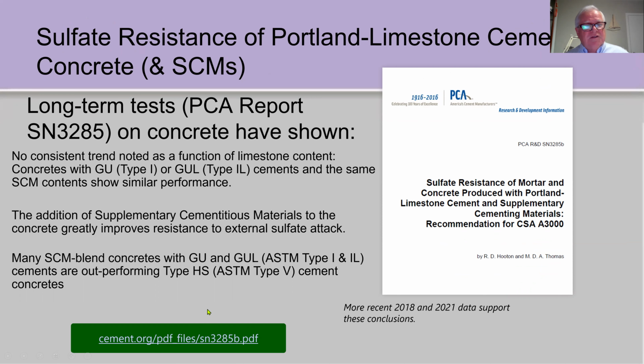What we found was there's no negative effect of limestone on sulfate resistance when you make sulfate resistant systems. So if you use fly ash or slag to get there, there's no difference in the way the 1L or the straight 1 cements work. In fact, these mixtures with type 1 or normal Portland cement and with or without limestone and SCMs are outperforming purpose-built sulfate-resistant Portland cements.